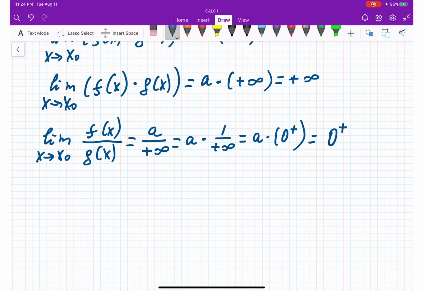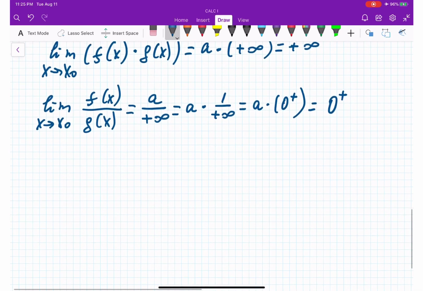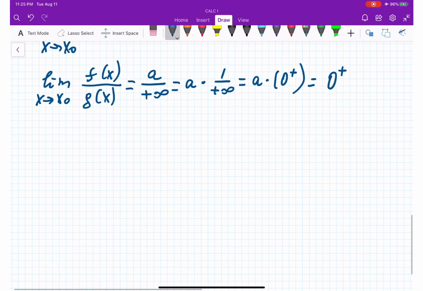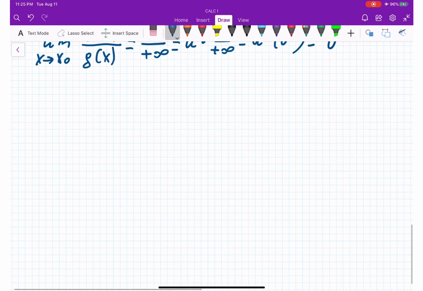Sometimes it stays undetermined, with infinitely large and infinitely small functions. I'm going to look at such functions also, but that I'm going to record in an upcoming video.